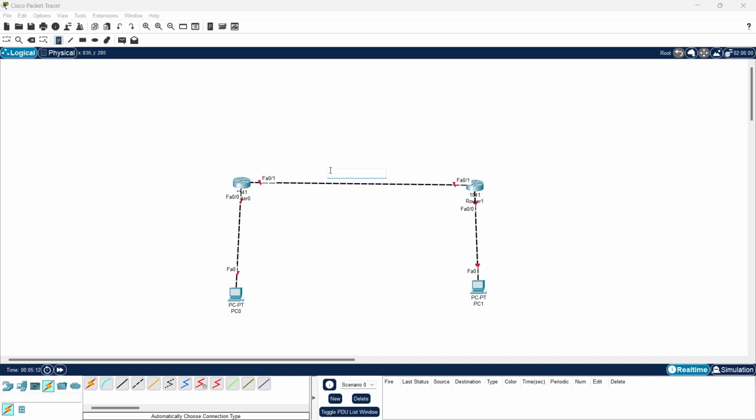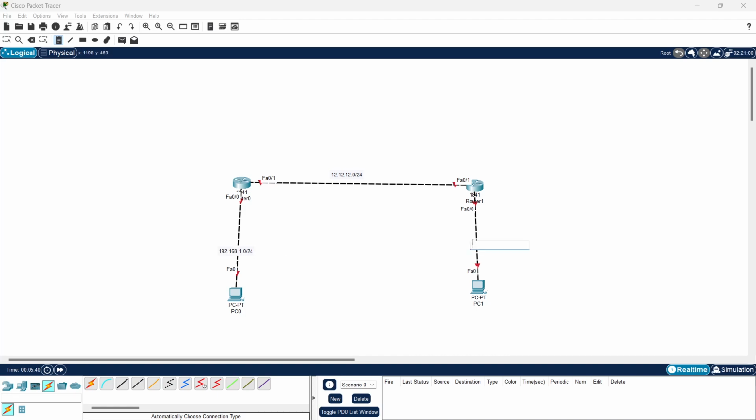From router 0 to router 1, the network is 12.0 with the subnet mask 24. Then from PC 0 to router 0 is 192.168.1.0, the prefix is 24.